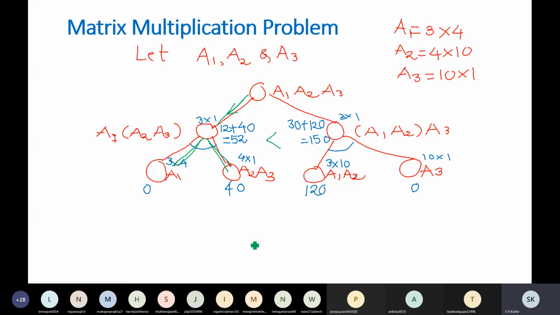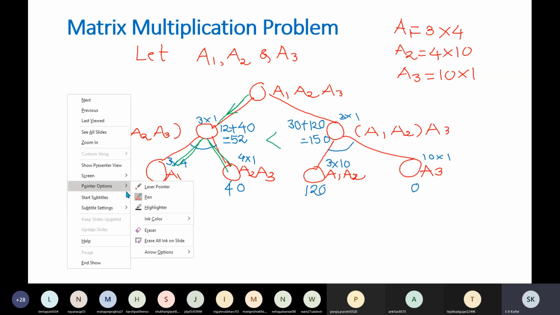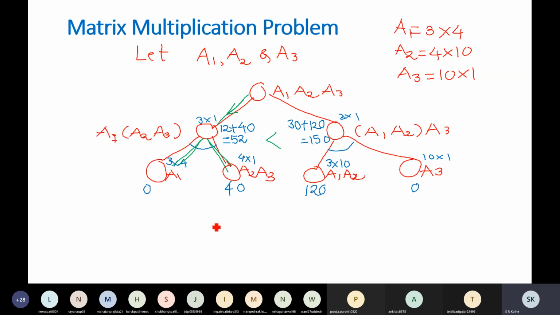So which is a tree? If I draw it separately, it will look like this. Your solution is this. This is A1, A2, A3.